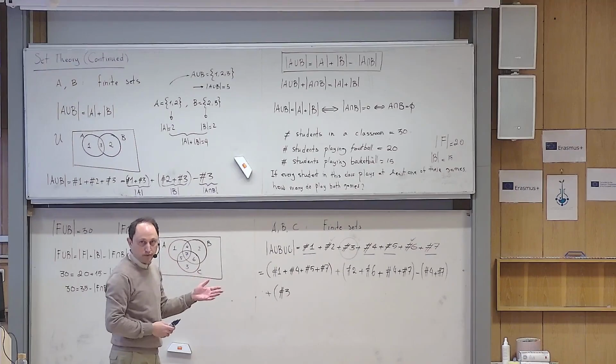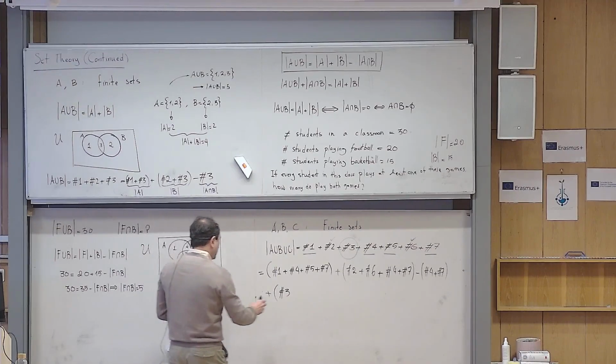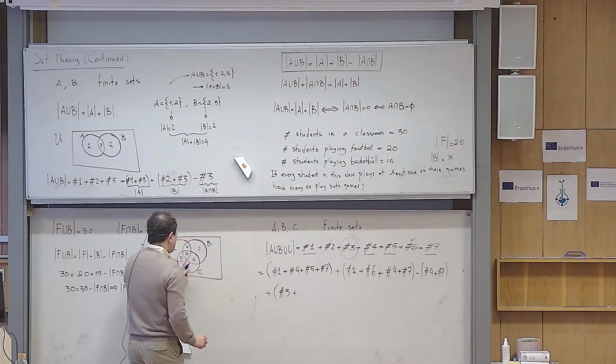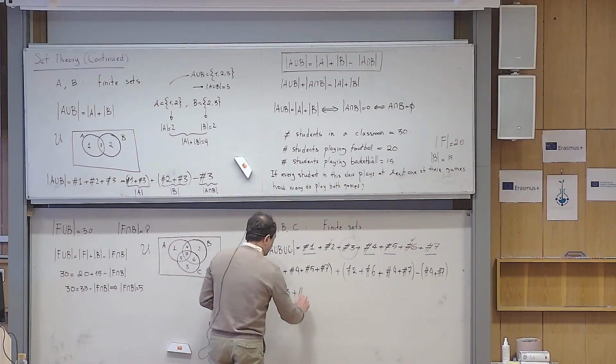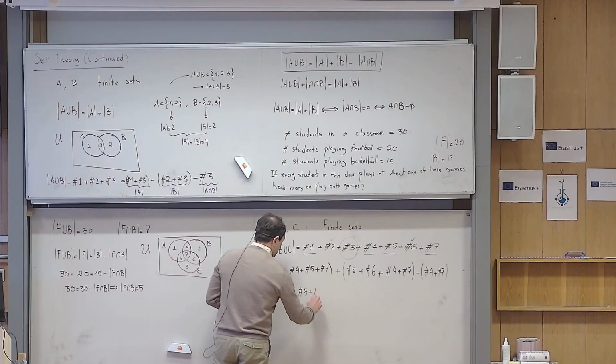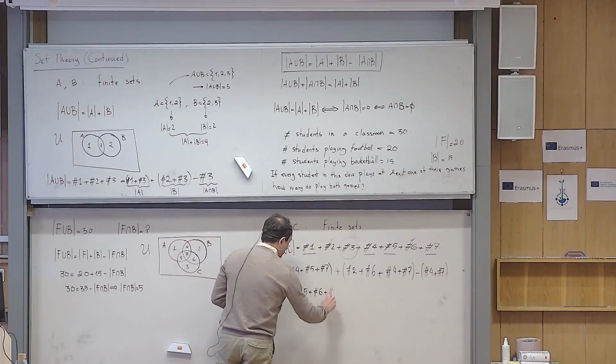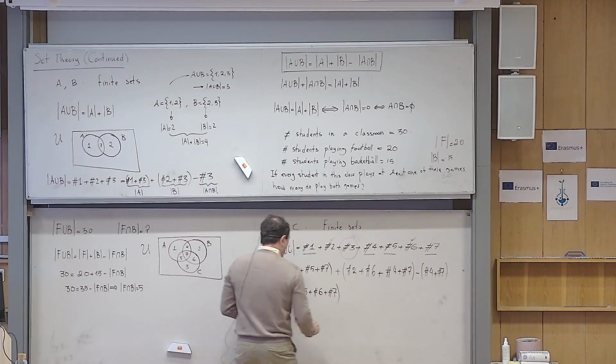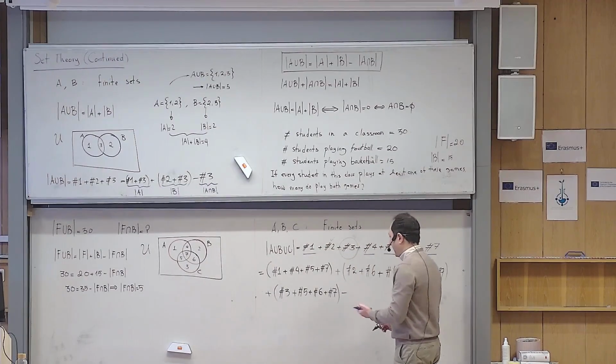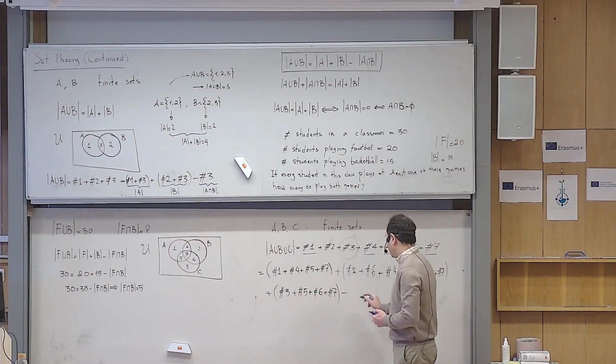Are you following what I'm doing? Yes, it's clear, okay? So then I would write 5, 6, 7. But then I have to exclude what I added. These are the ones that I have added.